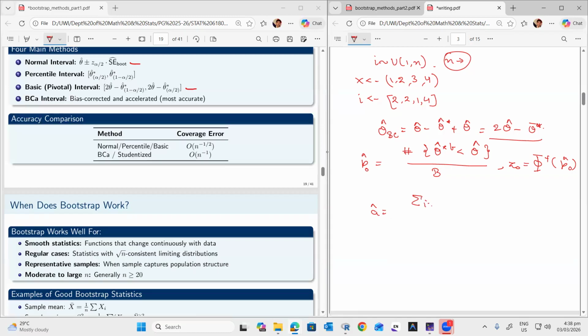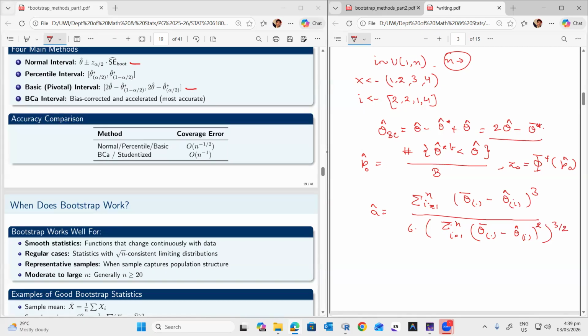In that one, the accelerated constant a cap we calculate as the summation over i goes from 1 to n of theta bar dot minus theta cap i, raised to the power 3, divided by 6 times the summation over i goes from 1 to n of theta bar dot minus theta cap i squared, and the whole raised to the power 3 by 2.